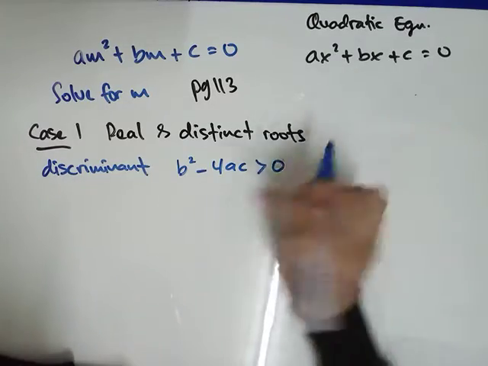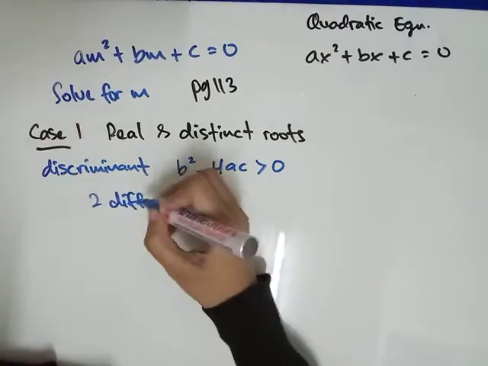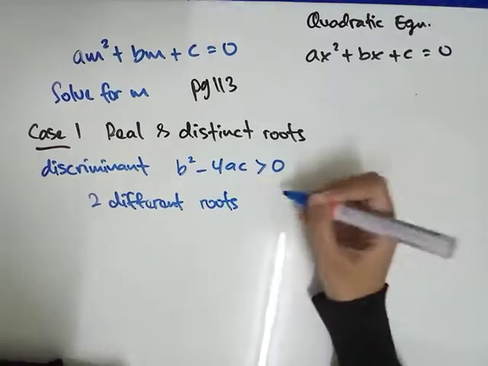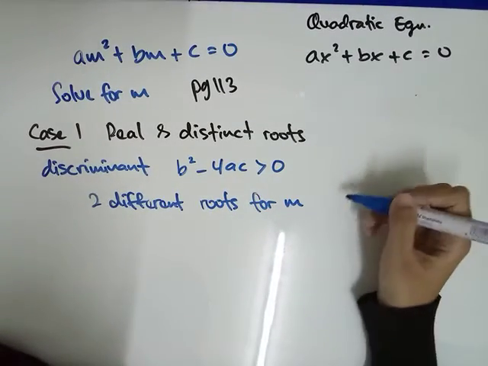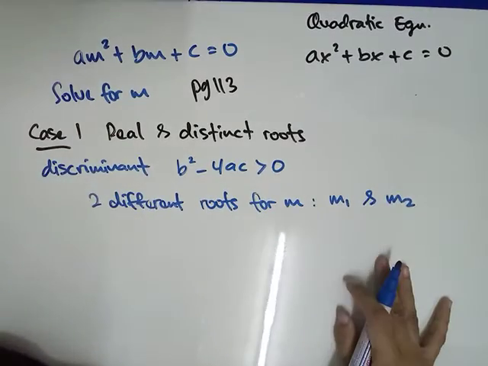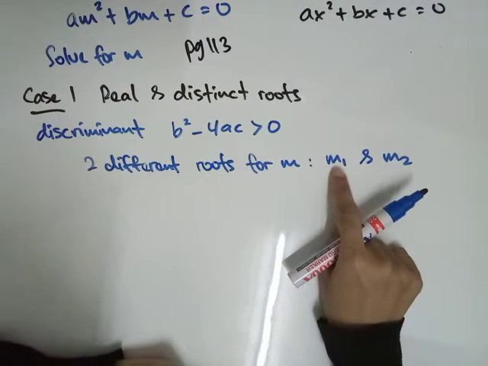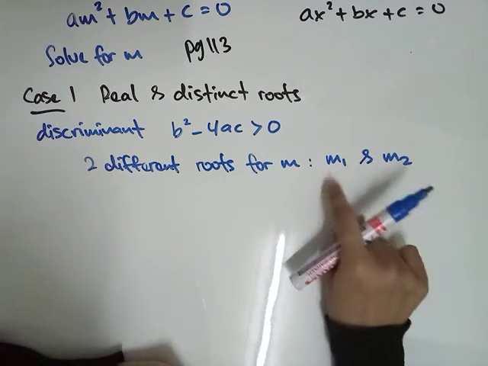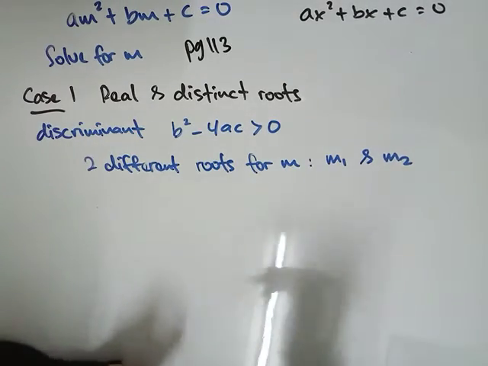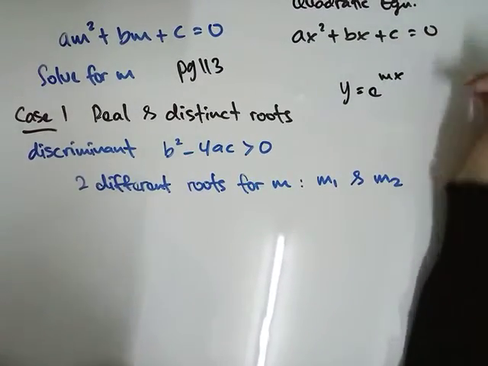Okay, so to solve for m, for case 1, we have 2 different roots for m, which are m1 and m2. After you get the value for m1 and m2, you need to substitute into the theorem y equals to exponent mx.